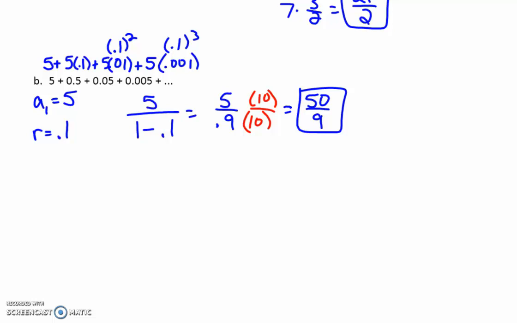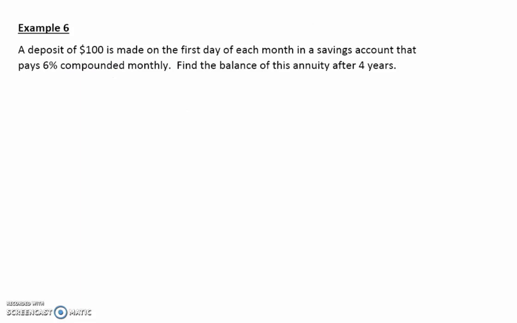All right, let's take a look at the very last example. And this is a good example of where it could be used in the world. A deposit of $100 is made on the first day of each month in a savings account that pays 6% compounded monthly. Find the balance of this annuity after 4 years.